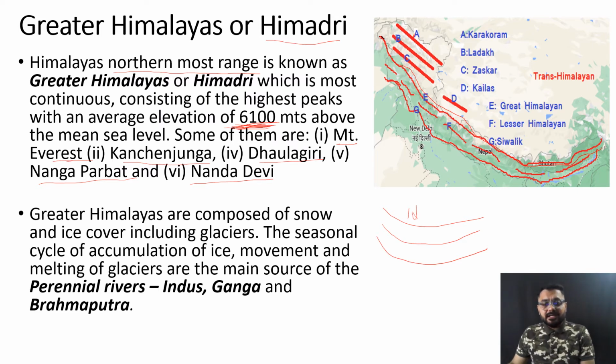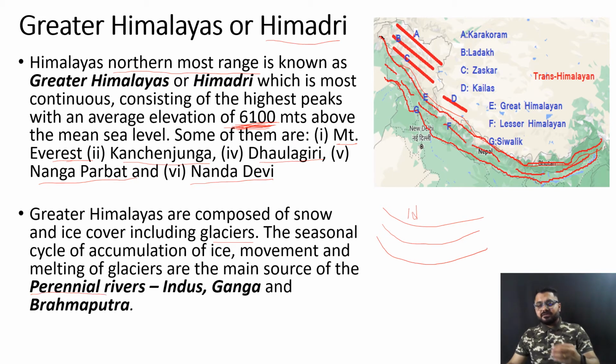Greater Himalayas are composed of snow and ice cover, including glaciers. Most of the mountains there are covered with ice and snow, and that is the reason why we have perennial rivers flowing through these mountains. So what are perennial rivers?